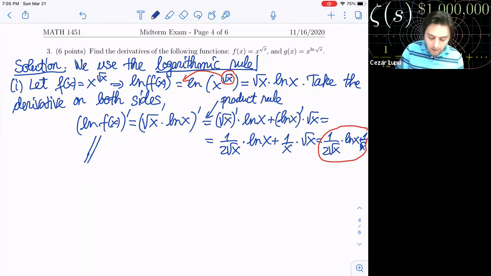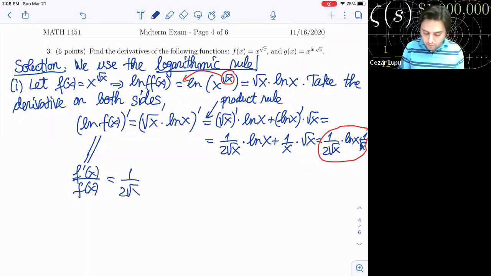All right, let's see. So this will be f prime of x over f of x, which will be the quantity here on the right-hand side, which is 1 over 2 square root of x times ln of x plus 1 over square root of x.